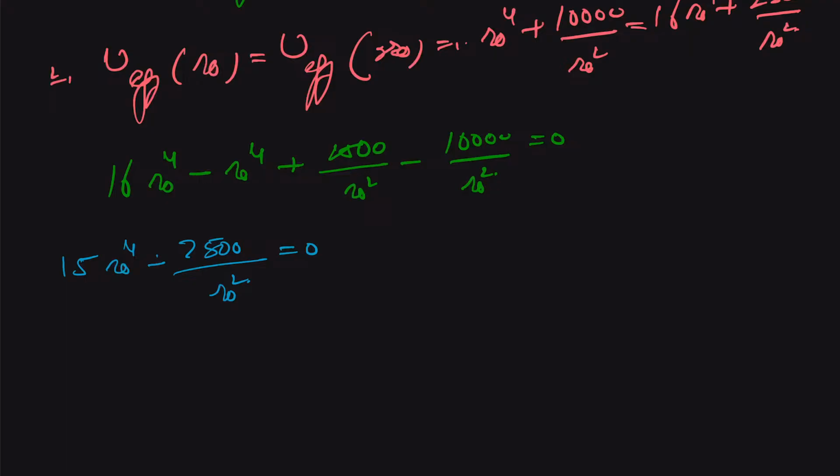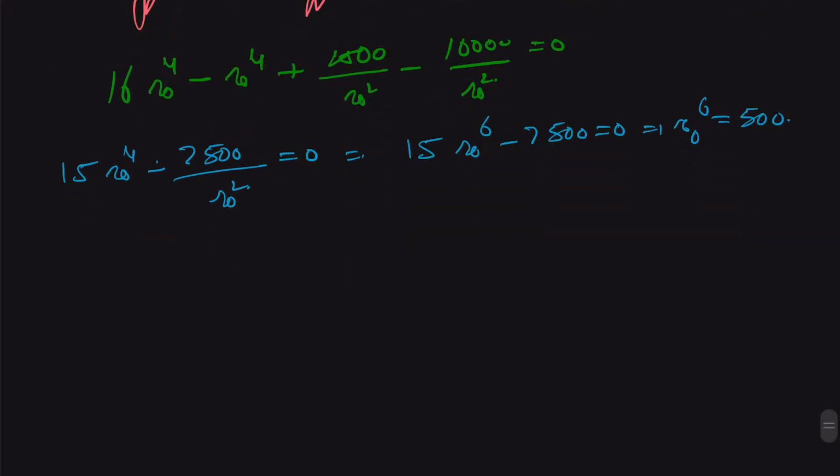And this can be further written as 15 R0^6 minus 7500 is equal to 0. From here we can take 15 as common, 7500 divided by 15 is 500, so we can say our R0 raised to power 6 is equal to 500.